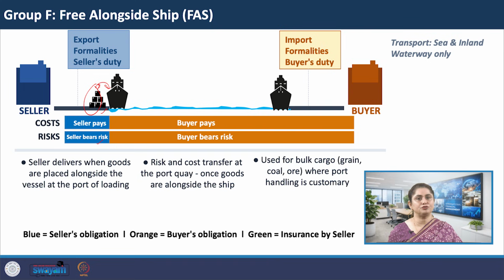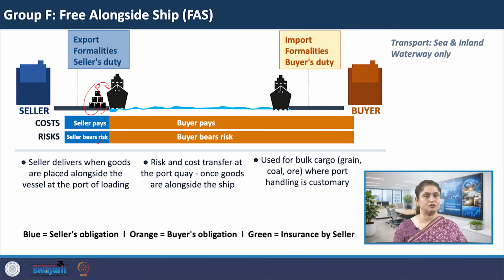The 3 points to note here are: the seller delivers when goods are placed alongside the vessel at the named port of loading. Alongside means on the quay or on the barge next to the ship, but not loaded on board. Risk and cost both transfer at the port quay. Once goods are alongside the ship, the seller does not load the goods.